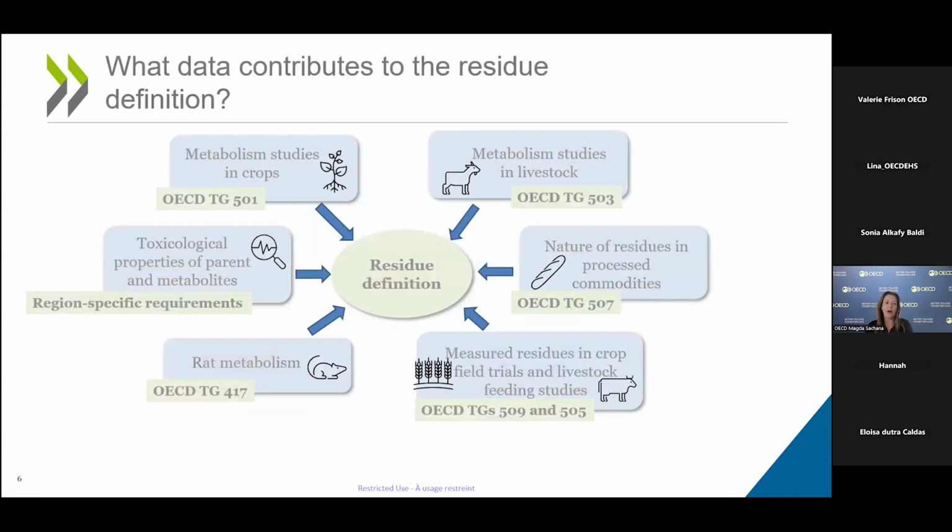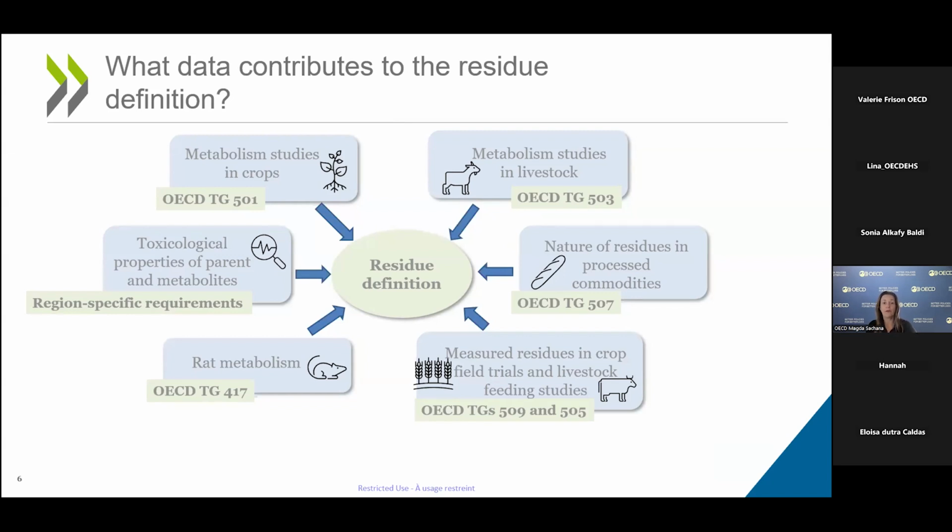So let's see now what data we need to derive a residue definition. As you can see here, there are multiple lines of information sources, as we call them. We need data from the metabolism studies in crops, in livestock, or in rats, because we are interested in mammalian metabolites also.